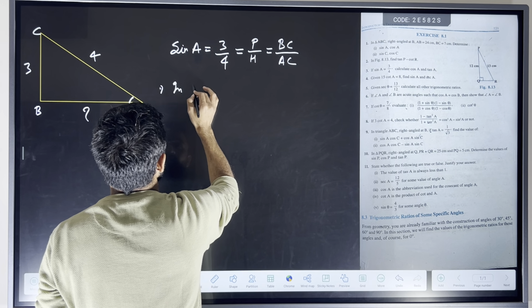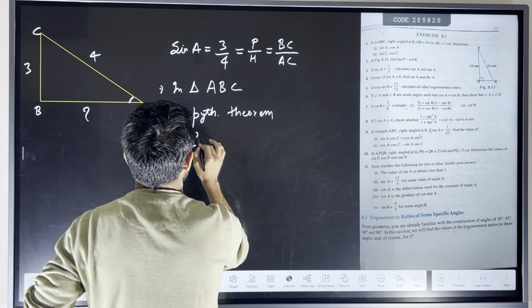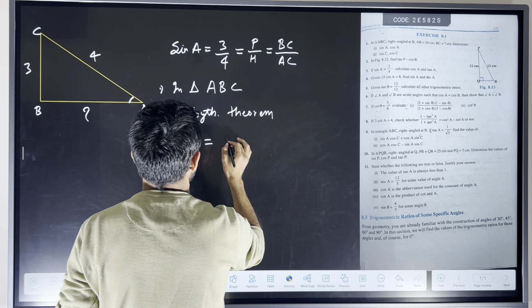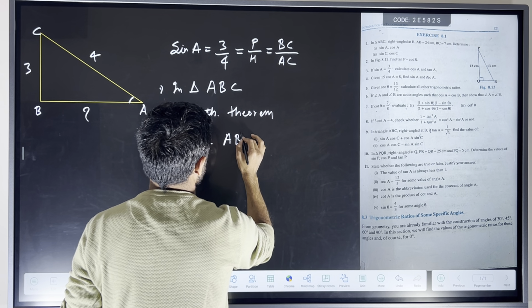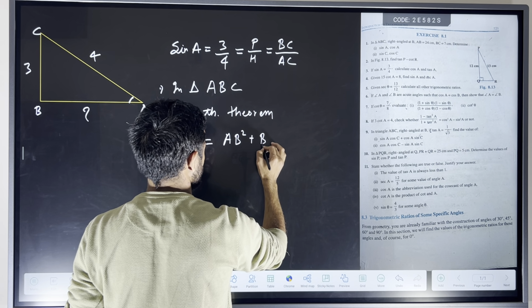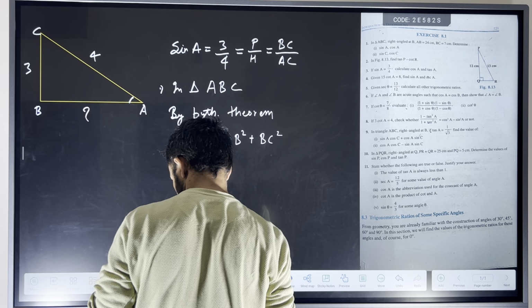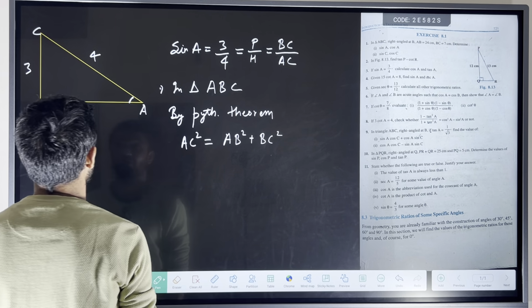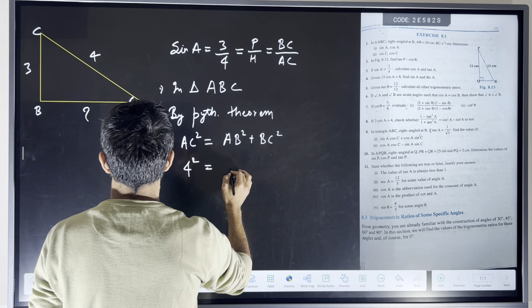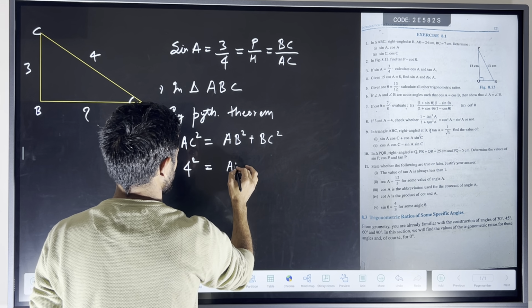By Pythagoras theorem, AC square is equal to AB square plus BC square. Now, what is the value of AC? 4 square is equal to AB square plus BC, BC is 3 square. We have to find AB.